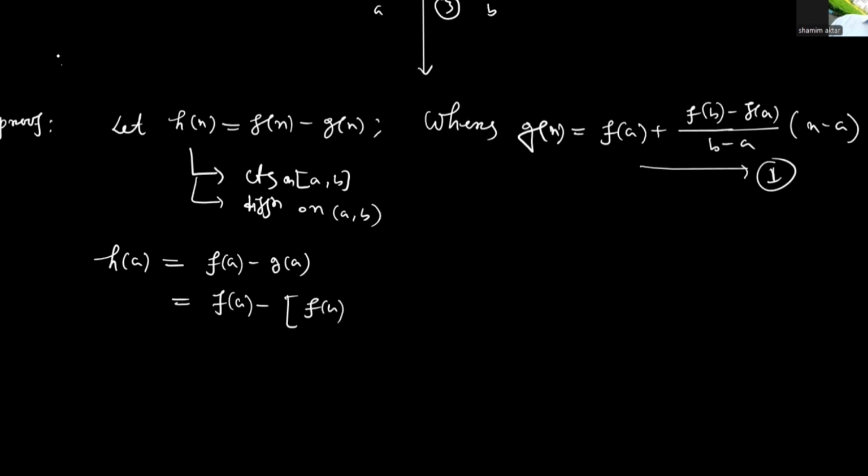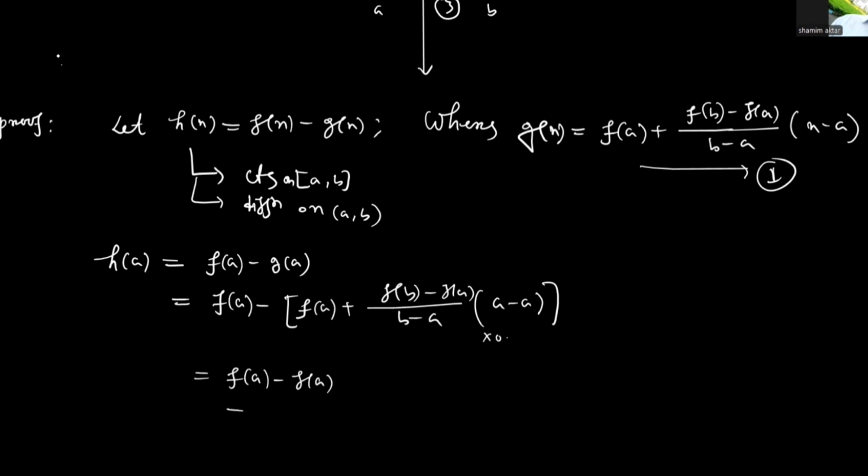From 1 we get f(a) plus (f(b) minus f(a)) divided by (b minus a) times (a minus a). This is equal to 0, the product equals 0. So this equals f(a) minus f(a), which equals 0.